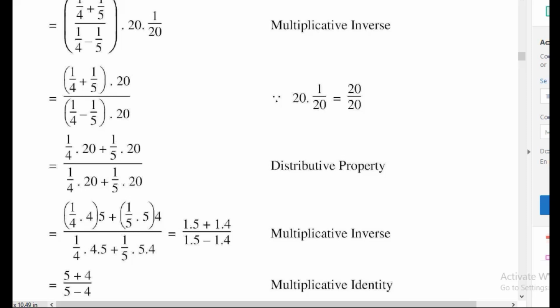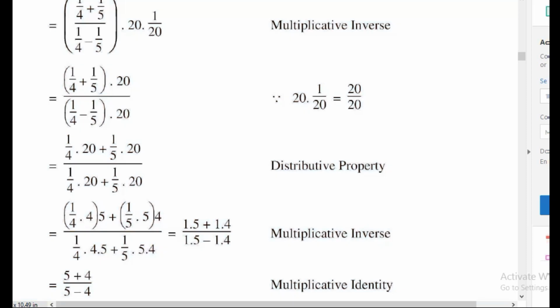So 1/4 multiplied by 20 plus 1/5 multiplied by 20 in the numerator, and in the denominator, 1/4 multiplied by 20 minus 1/5 multiplied by 20. 20 can also be written as 4 multiplied by 5. So 1/4 dot 4 into 5 plus 1/5 dot 5 into 4, divided by 1/4 dot 4 into 5 minus 1/5 dot 5 into 4.